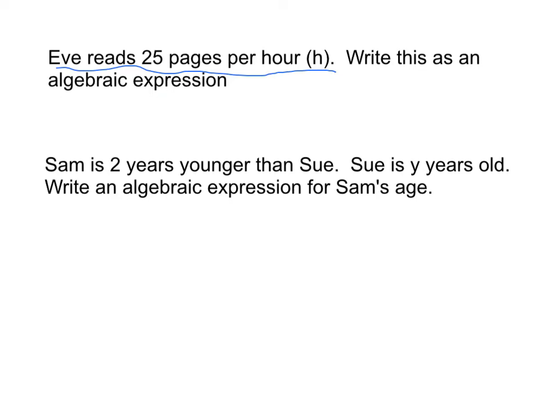If I want to write how many pages she would read total, I would write this as 25 times h. Remember, we're not going to use the x. We're going to use either the dot or the parenthesis, or you can even write just the letter right next to the number. So 25h means 25 times h.